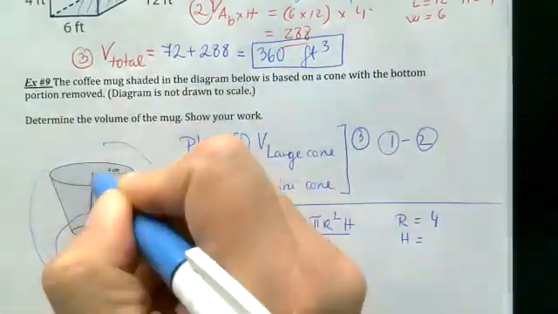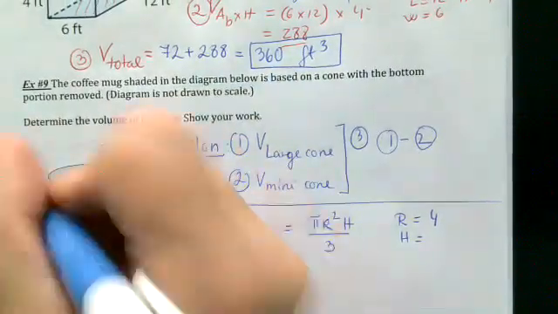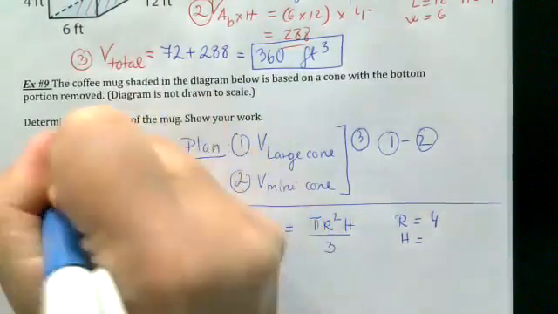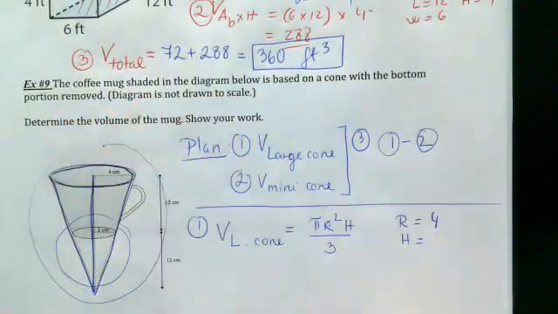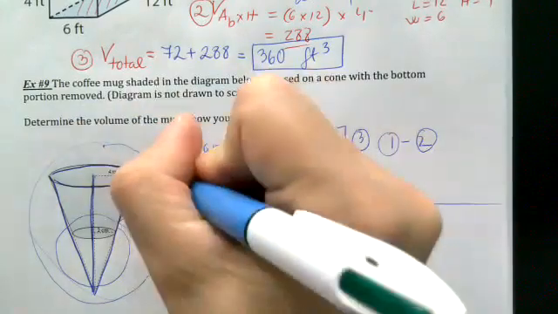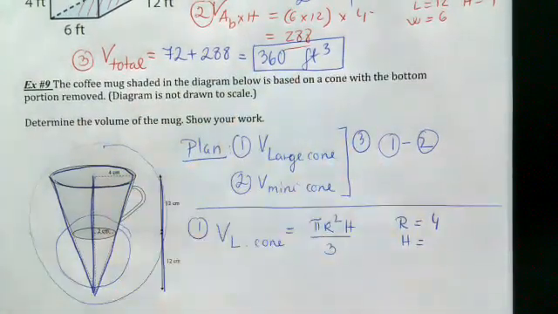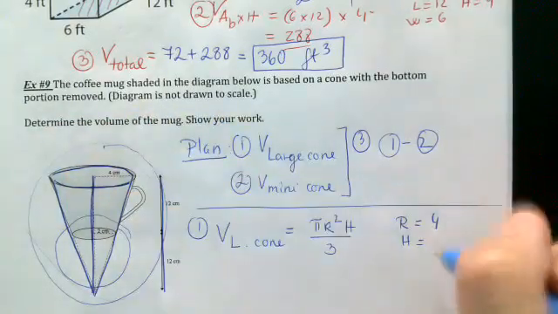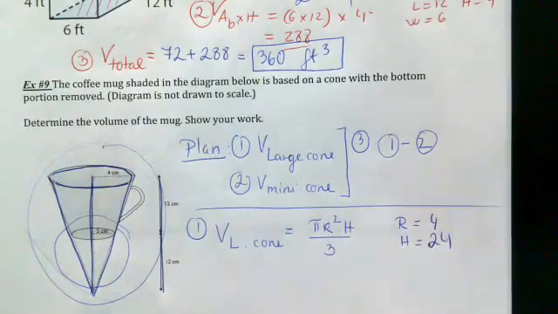This is your large cone right there. See it? Yeah, okay, so now you have 12 and then 12 more. That's the height of it. Clear for everyone? Yeah, the larger is the big cone. So we have 24 there for the height.